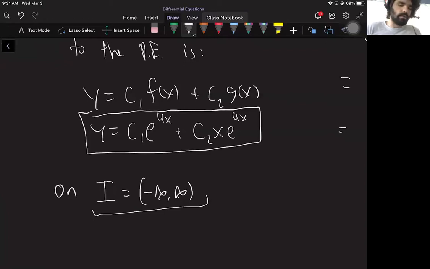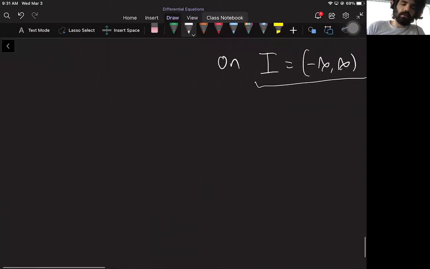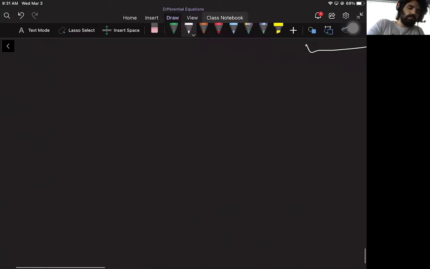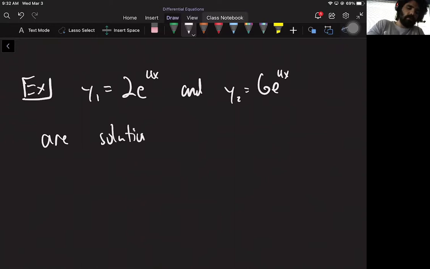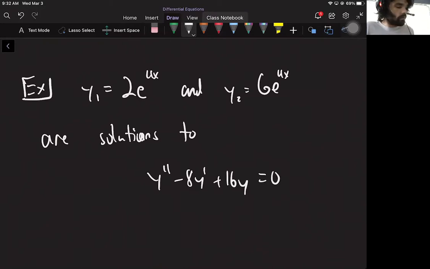Okay, so let's just do a couple more examples where we do similar things like this. All right, so here are two functions. These are both solutions to that same differential equation, which was y double prime minus 8y prime plus 16y equals 0, right?